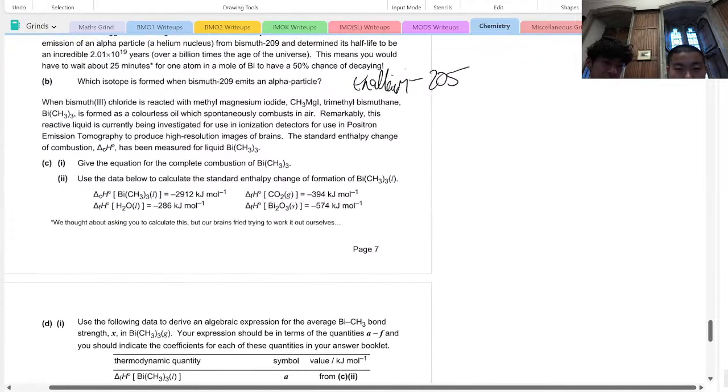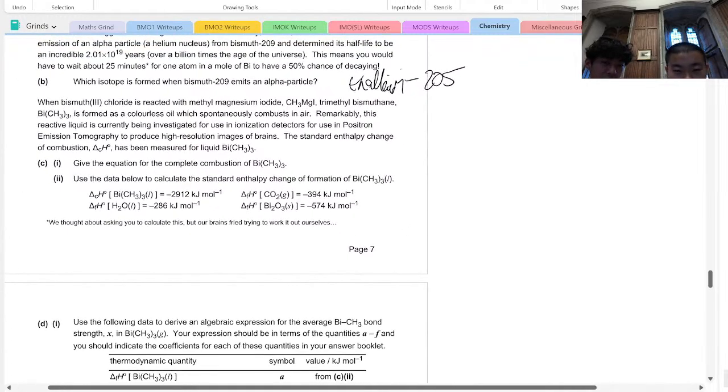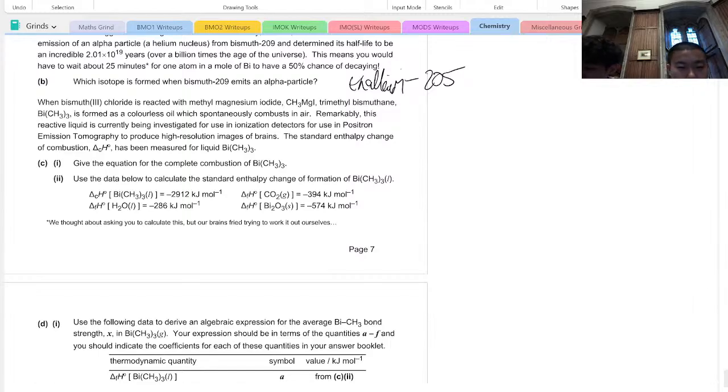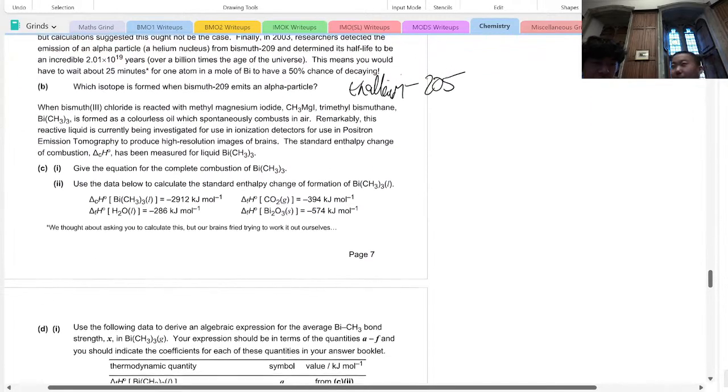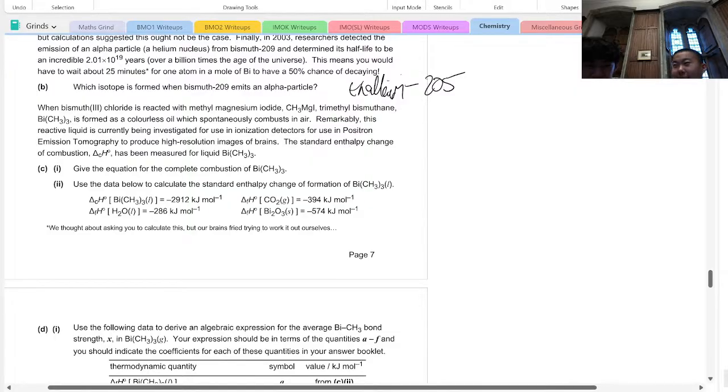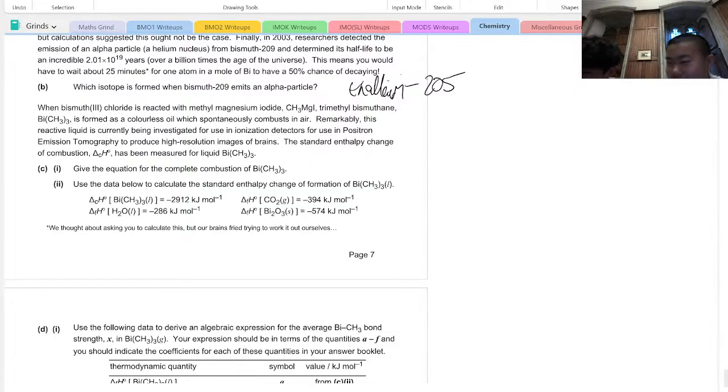Trimethyl bismuthane. For the complete combustion, this is mad enthalpy number 1. Oh no, there's mad enthalpy number 2 in 2024. But I'm saving the best for last. We're gonna do that as well today.